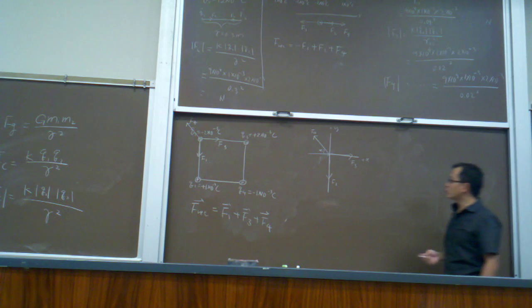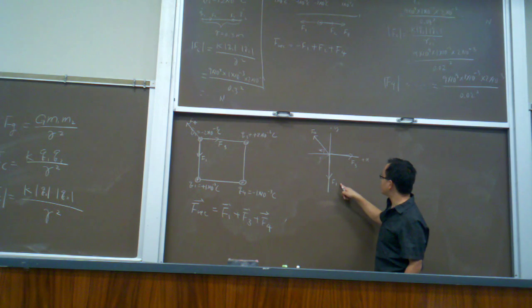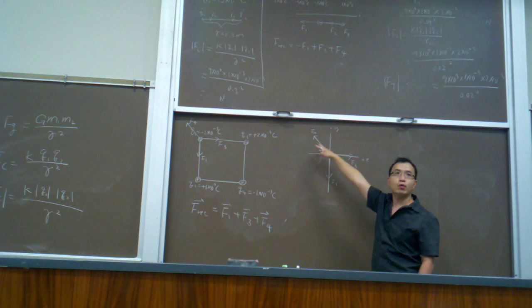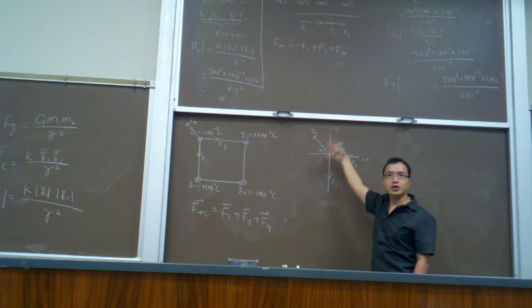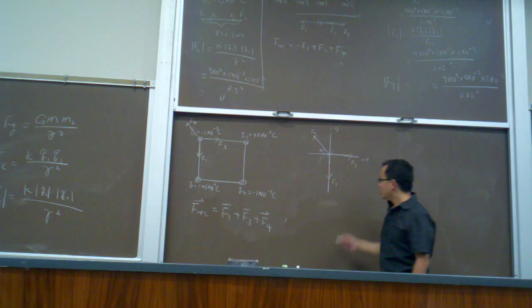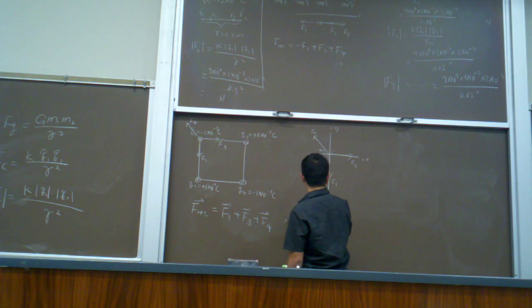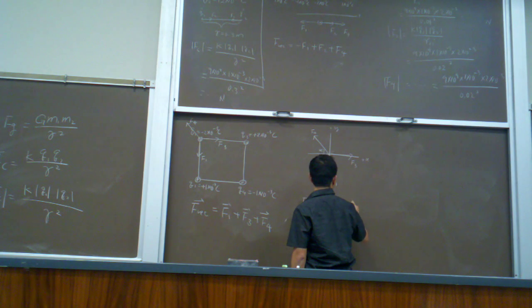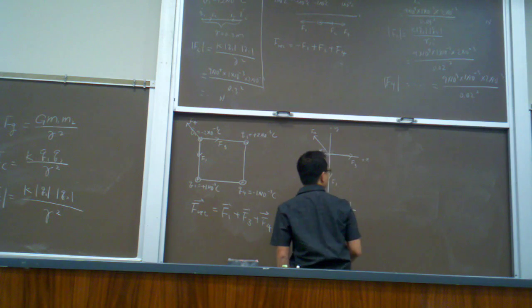Now, what you have to do is first calculate the magnitudes of F1, F3, and F4, and then do the vector decomposition and vector addition, right? So let's calculate F1, F3, and F4 first. F1 equals k Q1 Q2 divided by r12 squared.